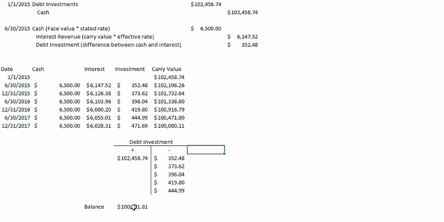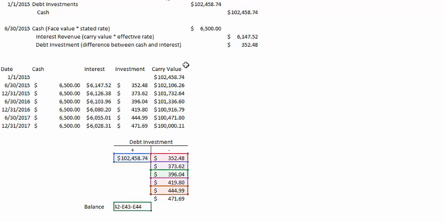So the balance of this account currently, prior to the last receipt of the interest payment, is $100,471.81. Now the last interest payment is going to reduce that account by the amount listed in the table. So what you'll see happens, if I update this formula, is the ending balance, hold on, close that up.